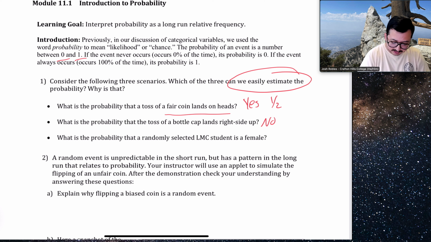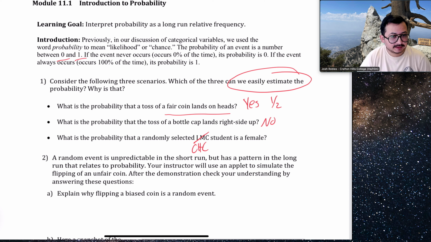And let's think, just a reminder, LMC is where these notes originally come from. Pretend that's at Crafton. What is the probability a randomly selected Crafton student is female? Now, we don't easily know that with your knowledge right now, but this information is very easy to get if you could list every Crafton student and pick one, which is somewhat similar to going outside a bookstore or the cafeteria and finding someone. Chances they're female, it's pretty similar.